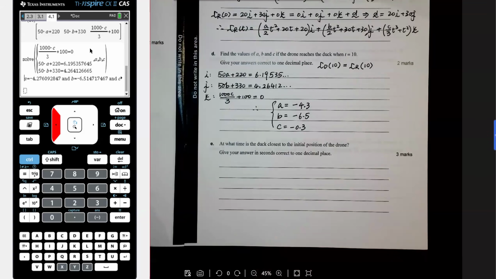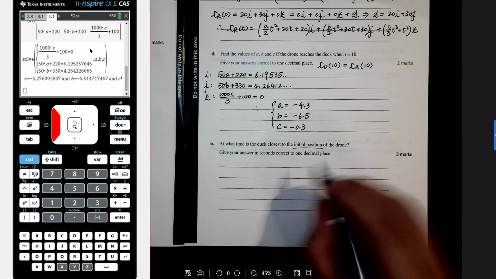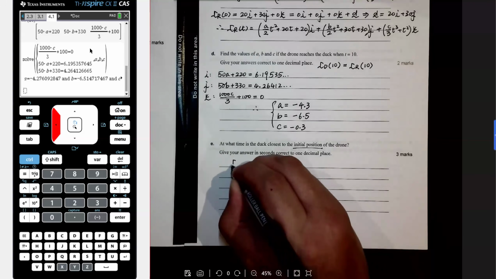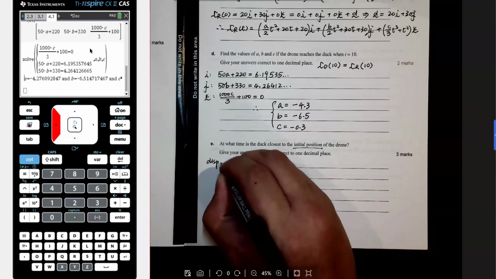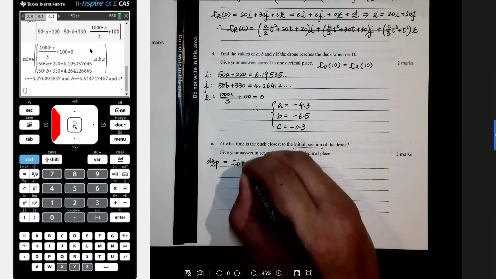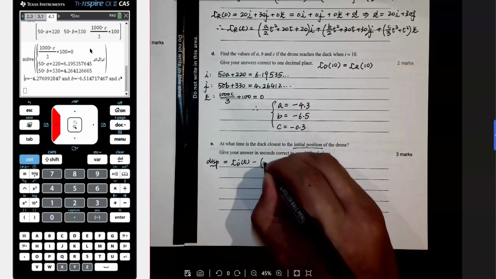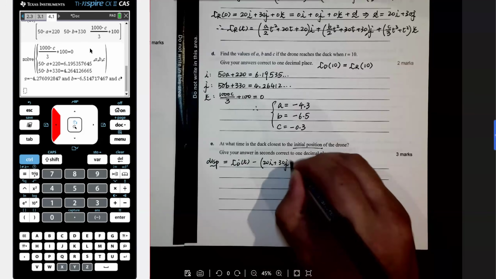At what time is the drone closest to the initial position of the duck? Give your answer in seconds correct in one decimal place. So the initial position of the drone is like, okay, we can have, let's say, a displacement vector equals to RD of t minus (20i plus 30j).